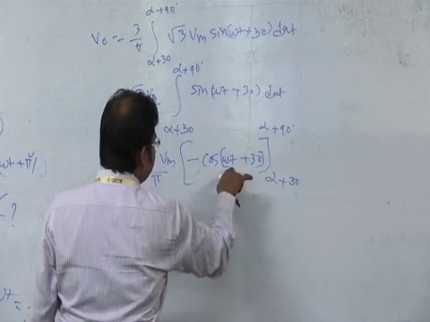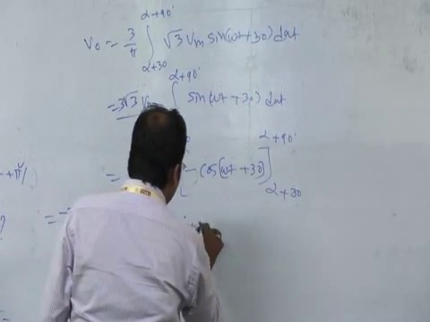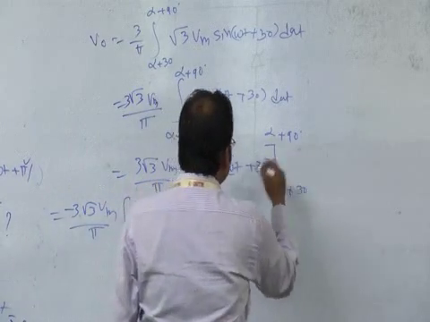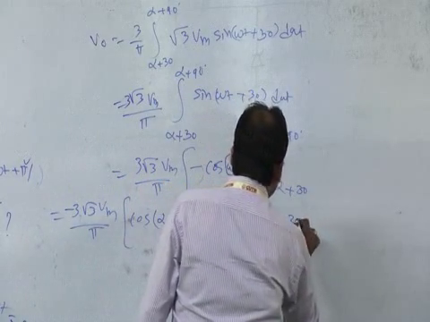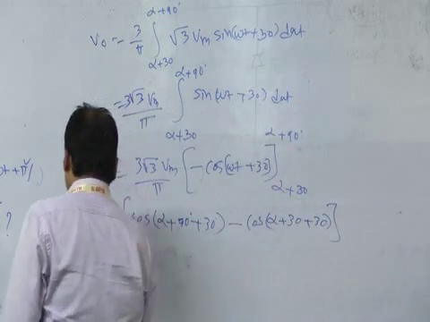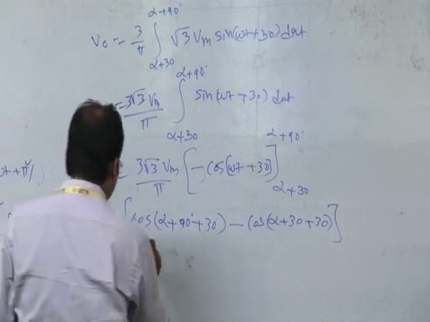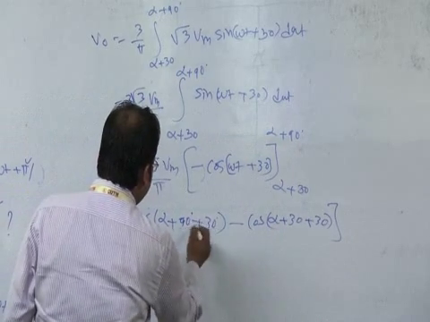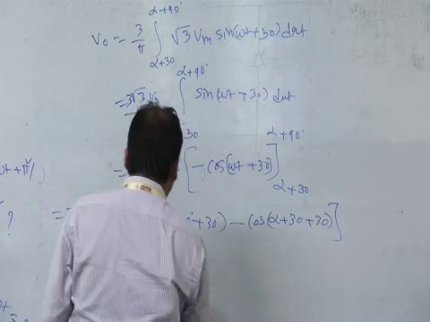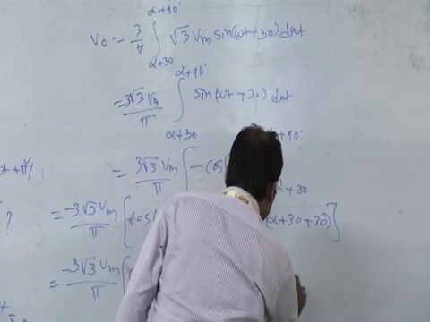In place of omega t we need to put the limit: cos(alpha plus 90 degree plus 30 degree) minus cos(alpha plus 30 degree plus 30 degree). Okay. So minus 3 root 3 Vm by pi. So here cos 90 plus 30 how much? 120. cos(alpha plus 120) minus cos(alpha plus 60).